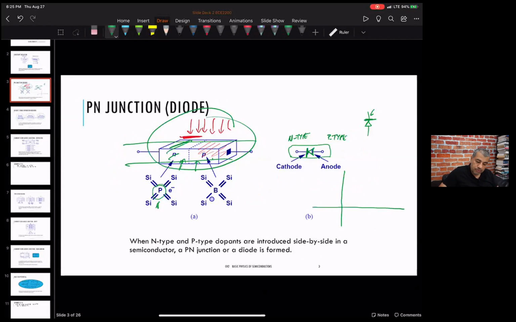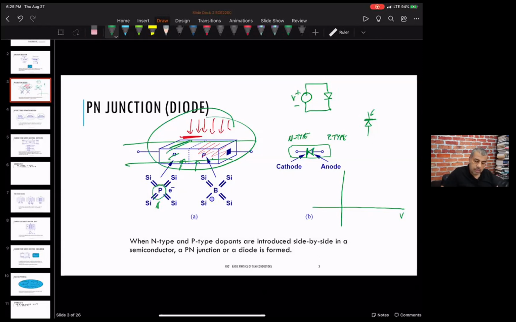Let's say I take my diode and hook it up to my voltage source like this. My voltage supply, the plus side is connected to the P-type material, or the anode.